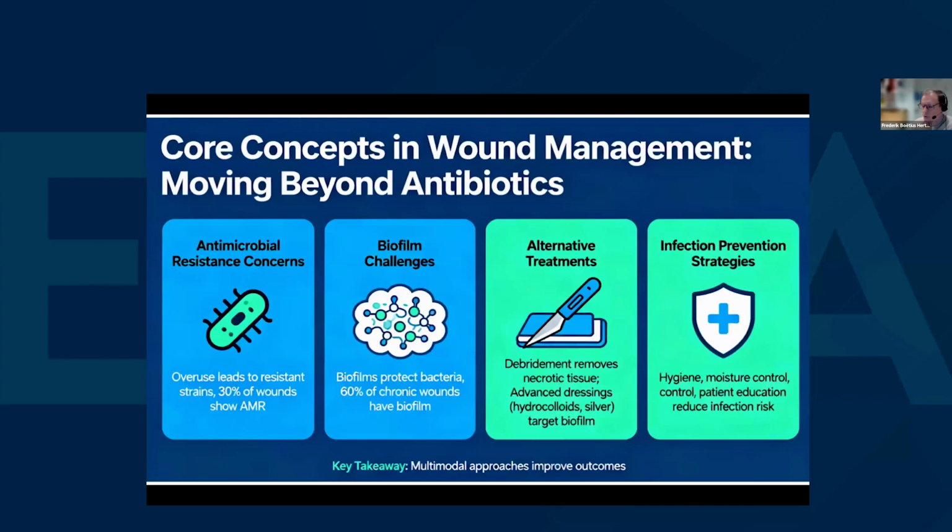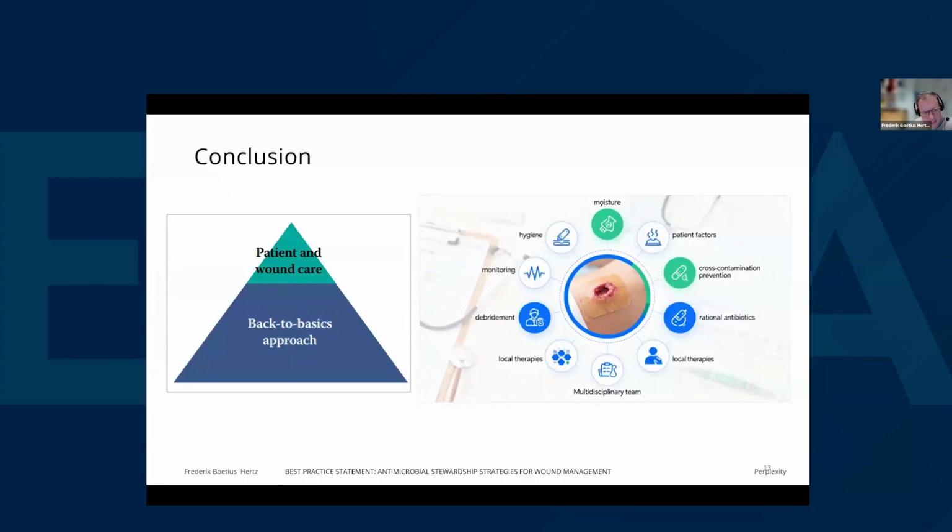And we have to be completely honest, go back to the basics of wound care. We have to go back to the basics where we know that hygiene is the most important thing for wound care. We need to know that moisturizing is important for wound care. If we can use debridement, remove the necrotic areas in the chronic wounds. Sorry, we can use local therapies, antiseptics before we go to antibiotics.